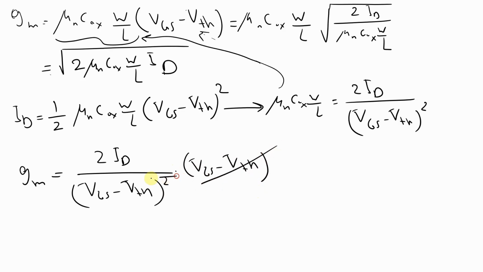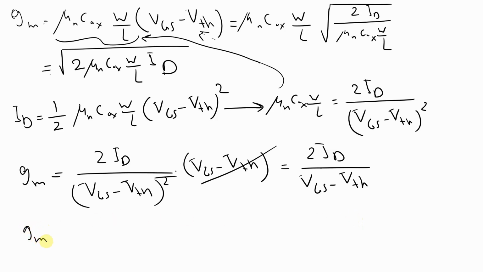So one of them cancels out and we are left with 2 ID divided by VGS minus V threshold. Just to recap this video, we have 3 different formulas for gm, and based on the problem that you face in CMOS amplifiers, you can use any of them.